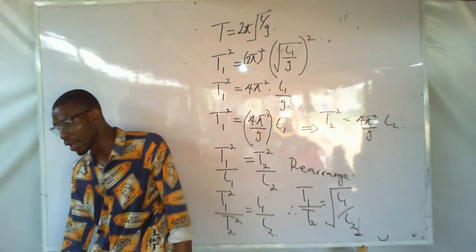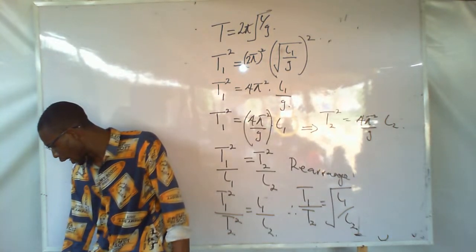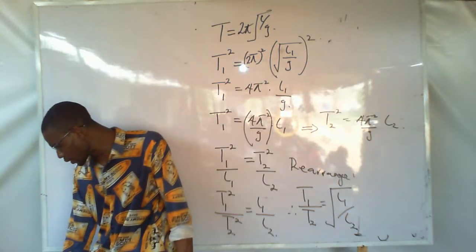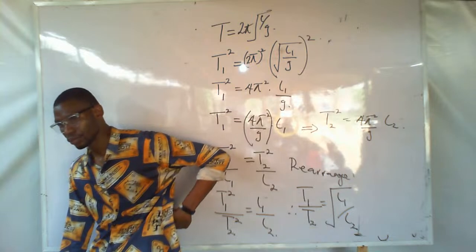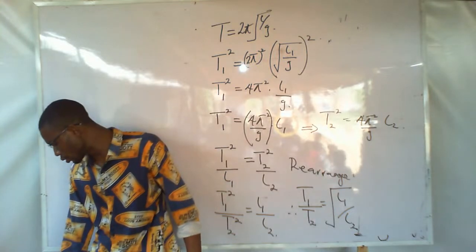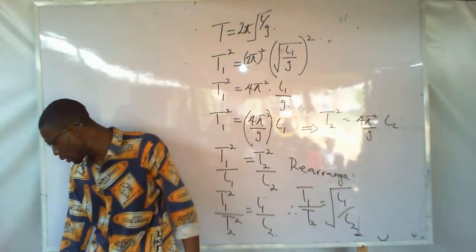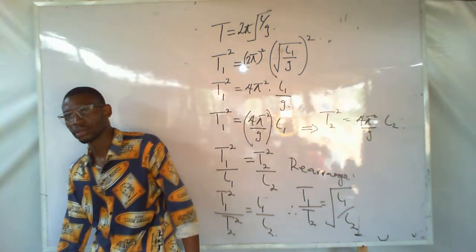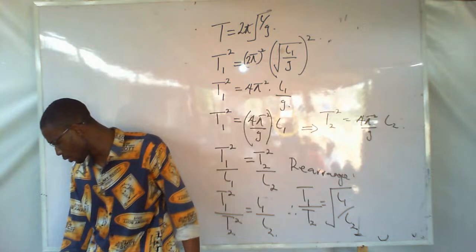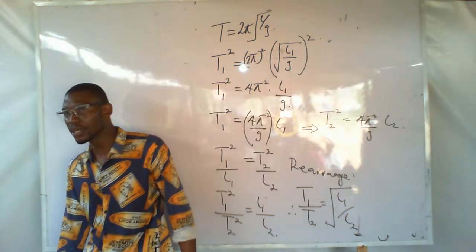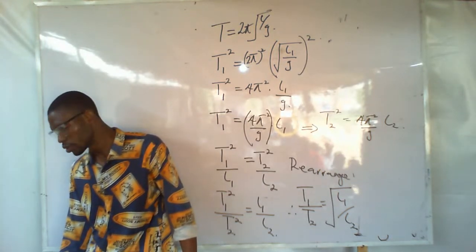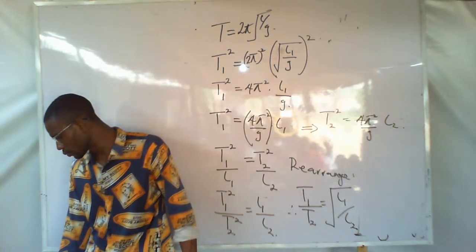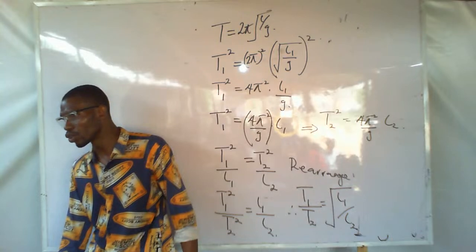Calculate the period of a similar pendulum 0.36 meter long, in the same location.